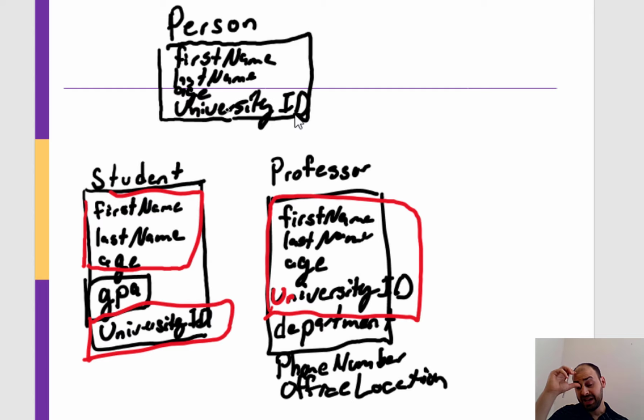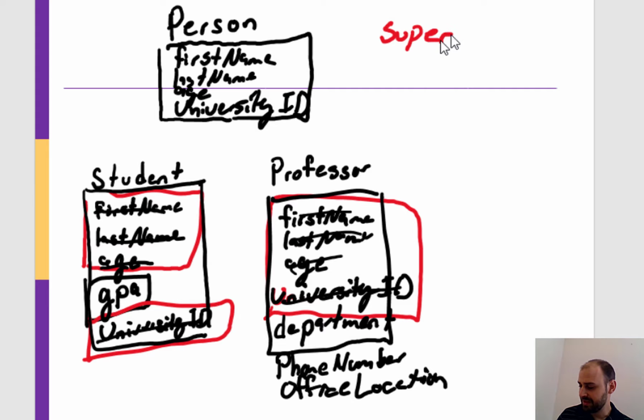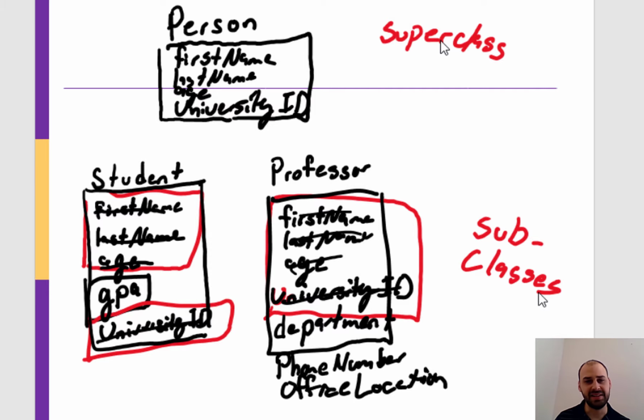Okay, and what that'll allow me to do is I won't need to include that down here. Okay, because this is going to be something that we refer to as a superclass. And these down here are our subclasses, okay? And what they're going to do is they are going to inherit or it's oftentimes drawn like this, okay, they're going to inherit all of those properties from a person, okay?